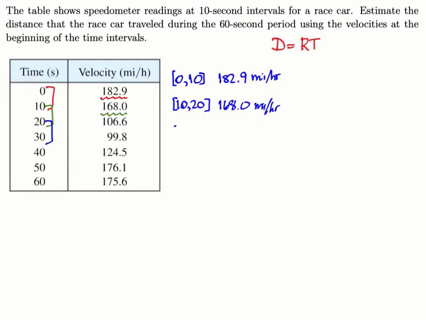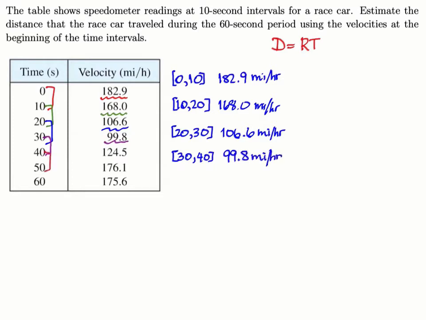The next one, 20 to 30, we're going to use the speed at the beginning of the interval, which is 106.6 miles per hour. And the interval from 30 to 40, we're going to use the velocity at the beginning of that interval, which was 99.8 miles per hour.